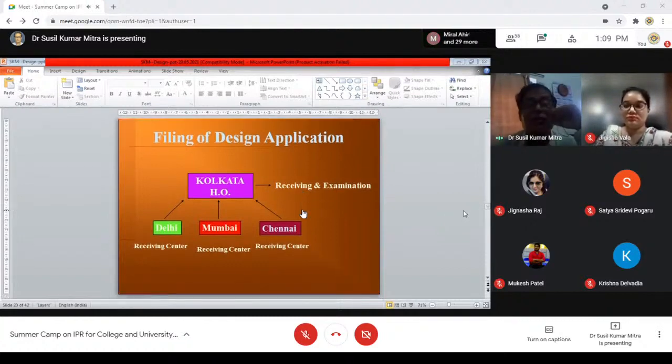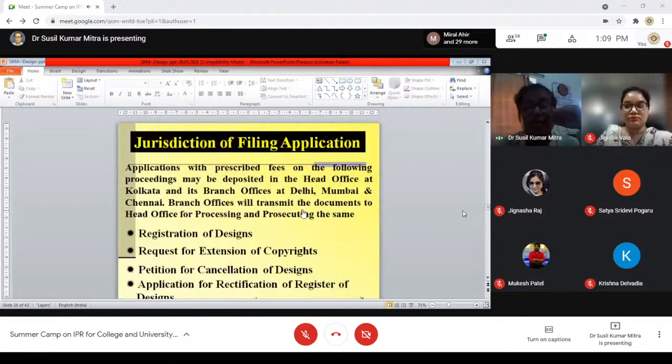And now the jurisdiction is also given that for registration of design, for extension of copyright, for cancellation and rectification of register, you can file the application in the 4 offices, but not only the Kolkata office will take the appropriate step, and the respective branch office will transfer the application to the Kolkata office for further actions.